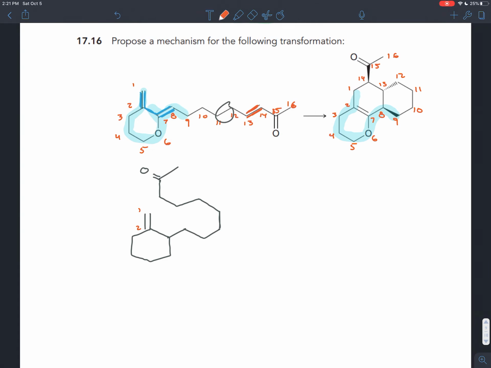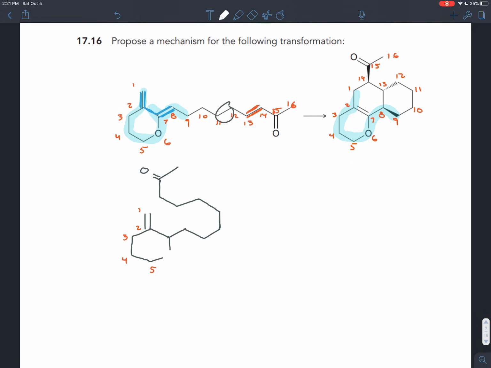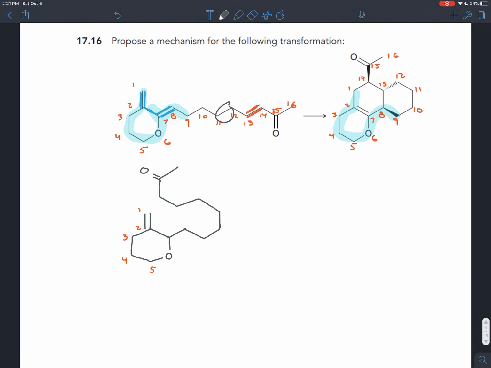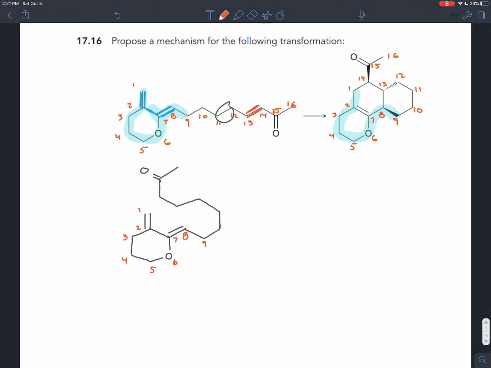So between 1 and 2 we have a pi bond, 3, 4, 5, 6 is where we have an oxygen, got an oxygen at 6. Between 7 and 8 we have another pi bond in this structure here. The next thing we should run into is at carbon 13.